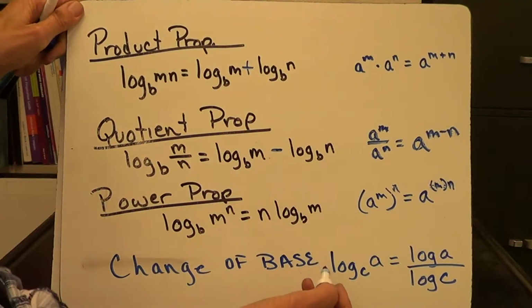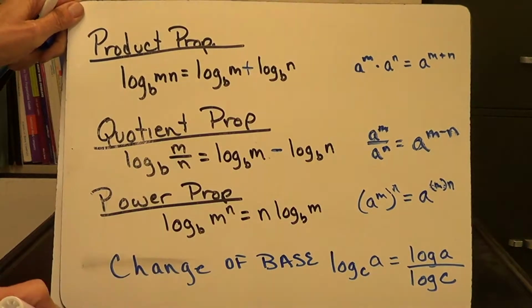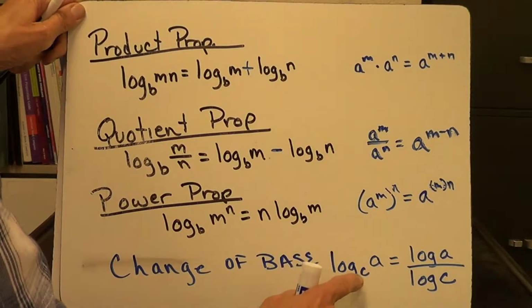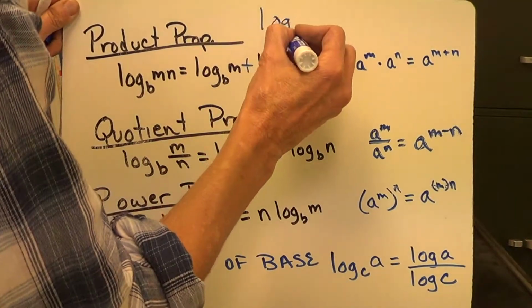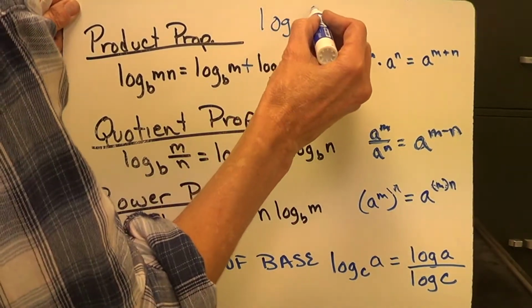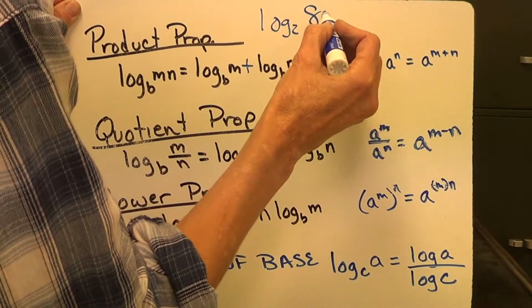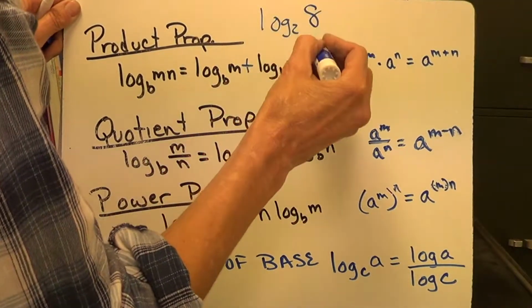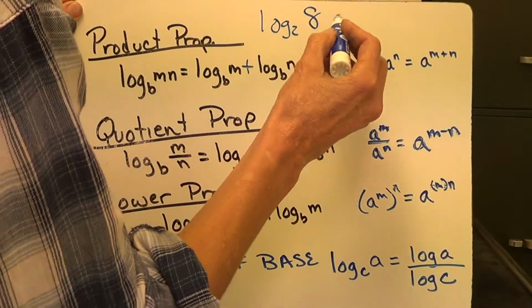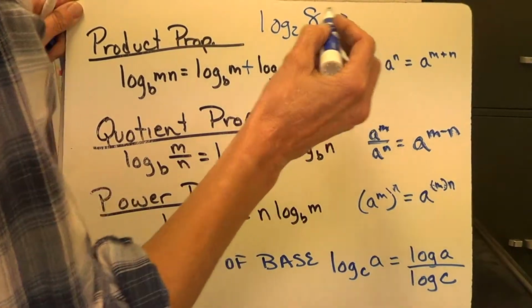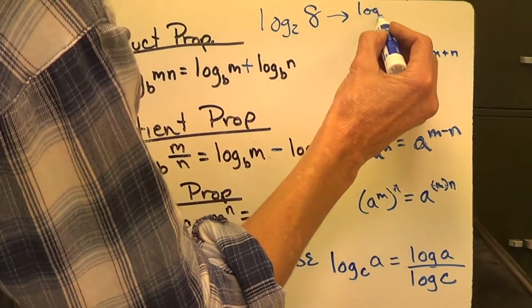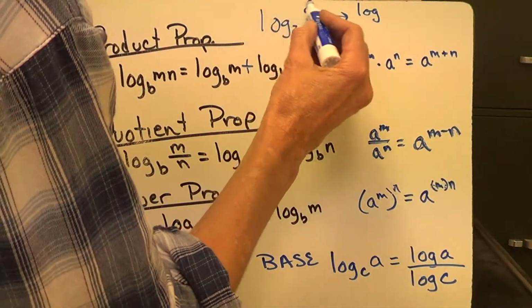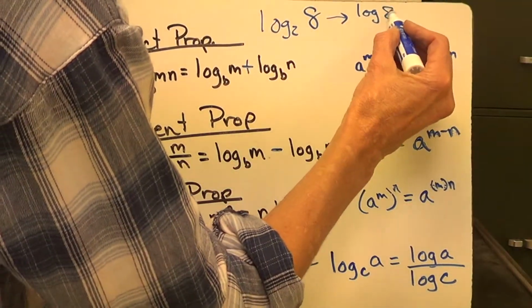Change of base. This is really handy for using calculators. If you have, let's pretend, log base 2 of 8, you can actually change the base in a calculator. Try this. Put in log, and I always remember the direction to go with this. The bigger number goes on top.